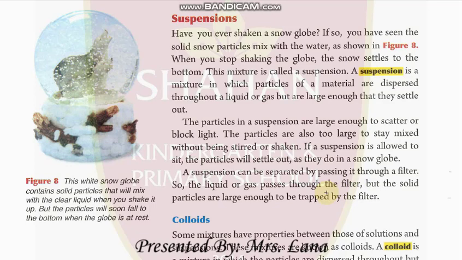In the suspension, the solid particles are large enough to be trapped by the filter. Sometimes we can pass gases through the filter, but the solid ones are large enough to be separated by the filter.